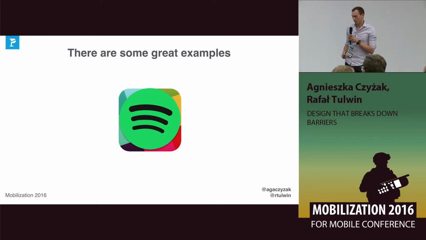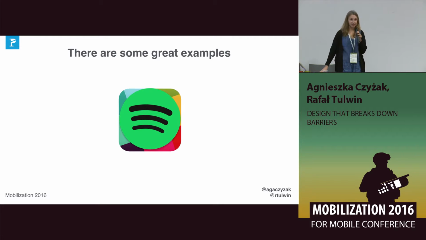Okay, so we talked about some really bad examples, apps that don't provide the dynamic type feature, but there are some great examples, and we should remember them. If you want to test some apps, these are some really good examples, and they have great VoiceOver and also dynamic type. For example, Twitter and Facebook.